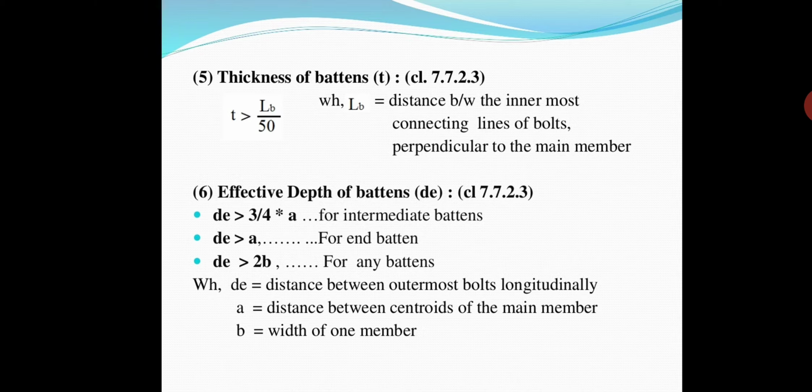It depends on the types of batten. For an intermediate batten, D should be greater than 3/4 times A. For an end batten, D should be greater than A. And for any batten, D should be greater than 2B. Here D is the distance between the outermost bolts longitudinally, A is the distance between the centroids of the main members, and B is the width of one member provided for battening.